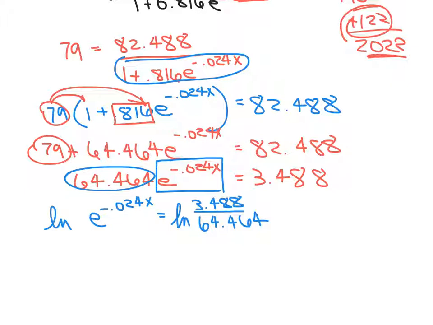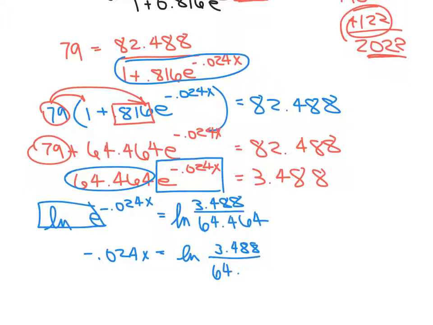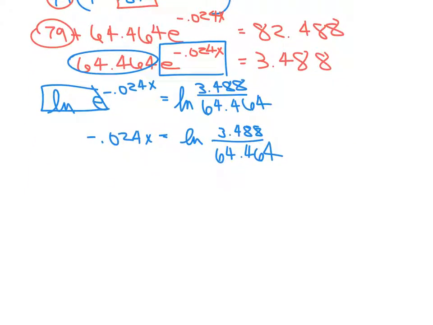And when we take the ln, we've got this here that goes away, if you remember from other lessons. So we have just 0.024x equals that. Okay, so at this point we're going to divide by this here.